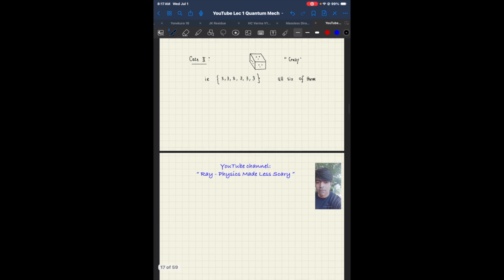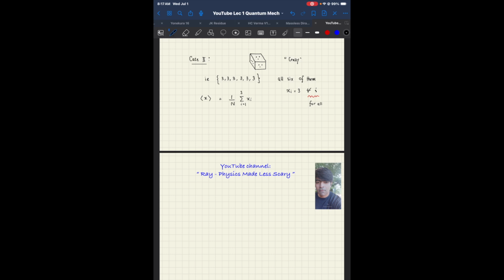So let's see. What is the value of the mean? Again, x bar, same formula. It's just that each xi is now the same. The value of xi, all xi's are actually 3 for all i. This is a notation that people use in science. This notation means for all. So you should read this as xi equal to 3 for all i.